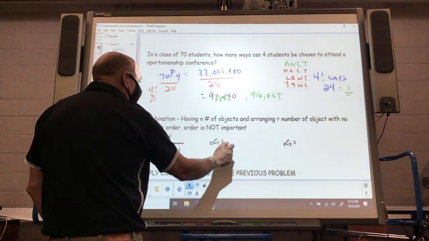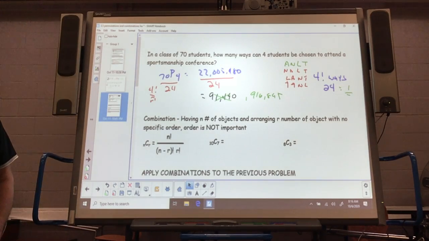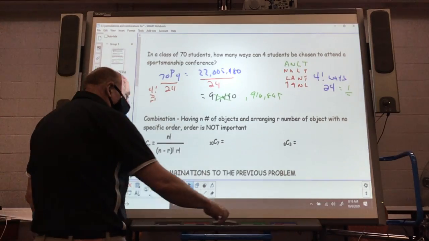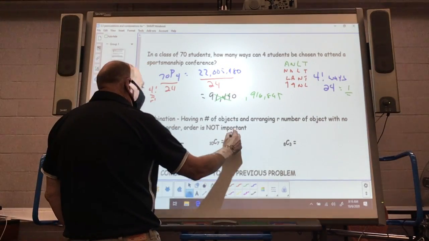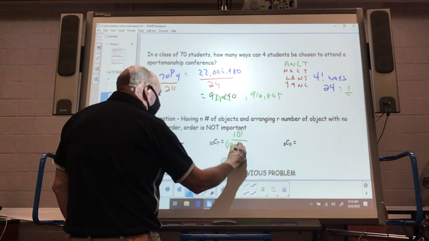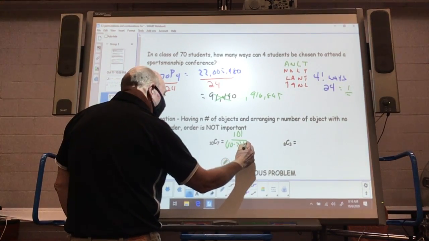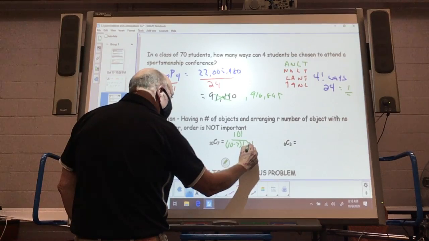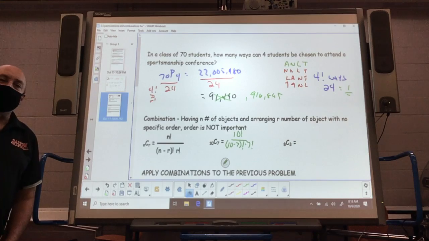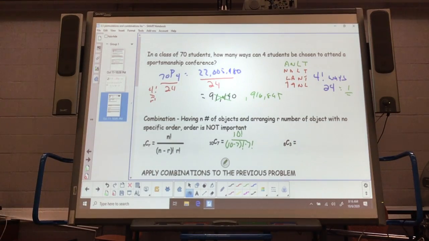Once again, your calculator will do this for you. We would have 10 divided by (10 minus 7)! times 7!. Once again, that's the law of permutation or factorials to work with.